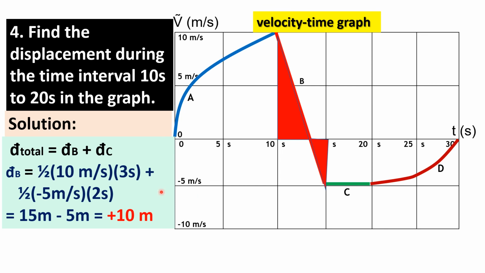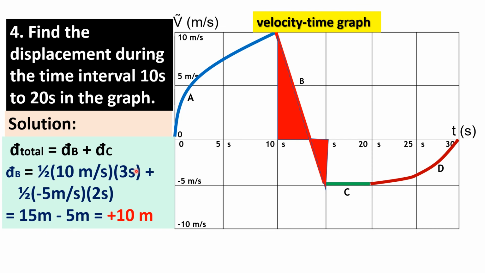And we will not disregard the sign. So the negative sign is written here so that when we do our algebra, we actually get 15 meters. That's the area bounded by the graph line during the time of 10 seconds to 13 seconds, a time interval of 3 seconds. And what we got was 15 meters.